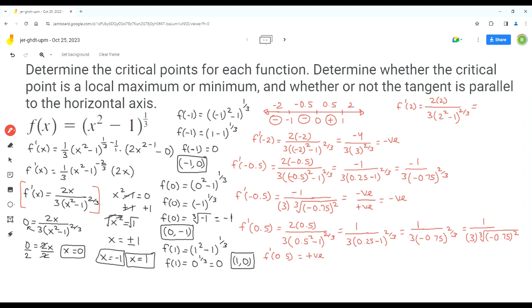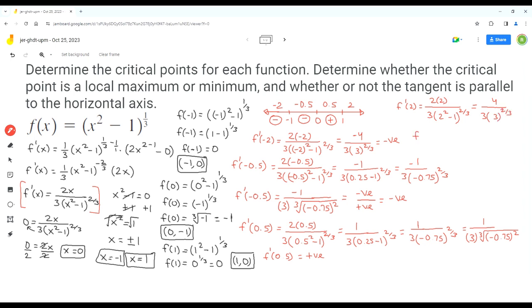Now we can simplify this too. So 2 times 2 is 4. In the denominator we get 3 parentheses, now 2 square is equal to 4 and 4 minus 1 is 3. So 3 exponent 2 over 3.